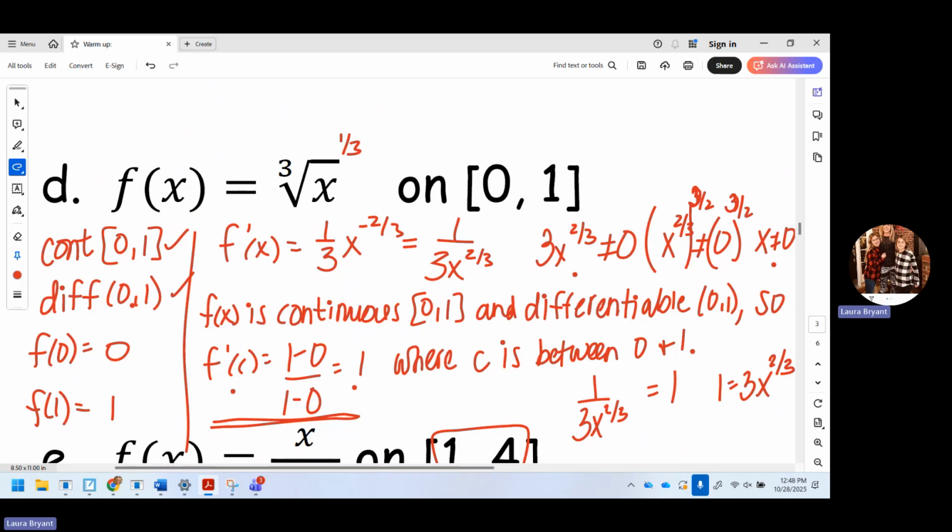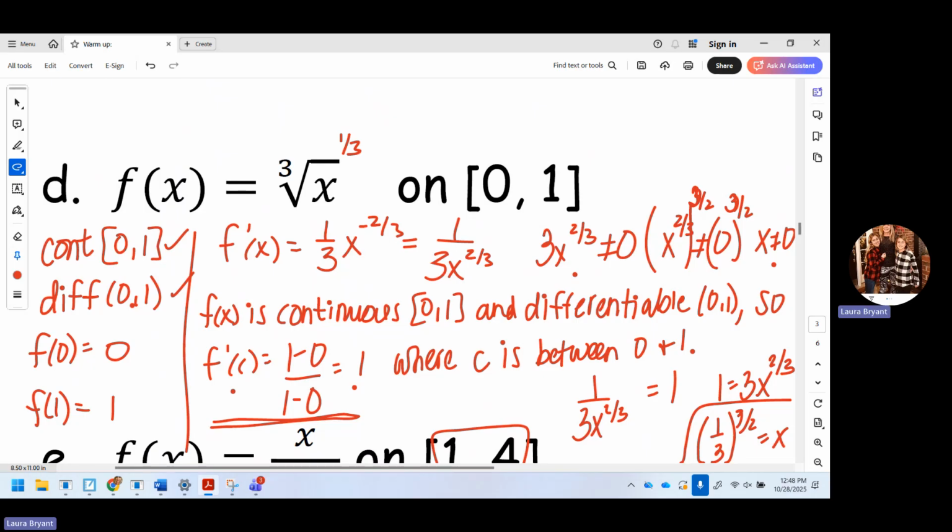And then I'm going to divide by 3. And raise both sides to the 3/2 power. And then again, I don't have a calculator in front of me, but whatever this decimal is, it must be between 0 and 1 because otherwise the theorem wouldn't have applied.